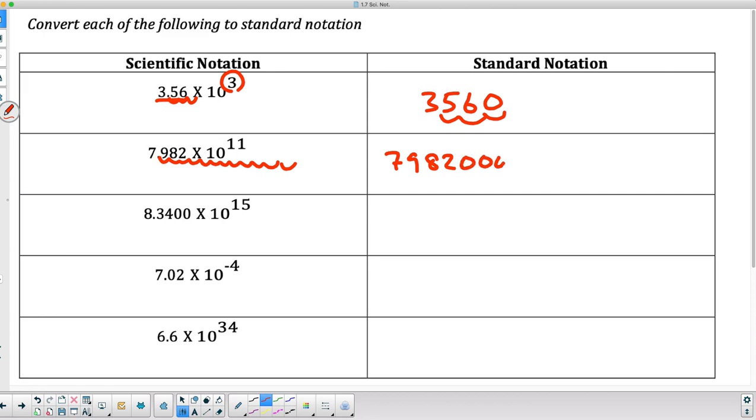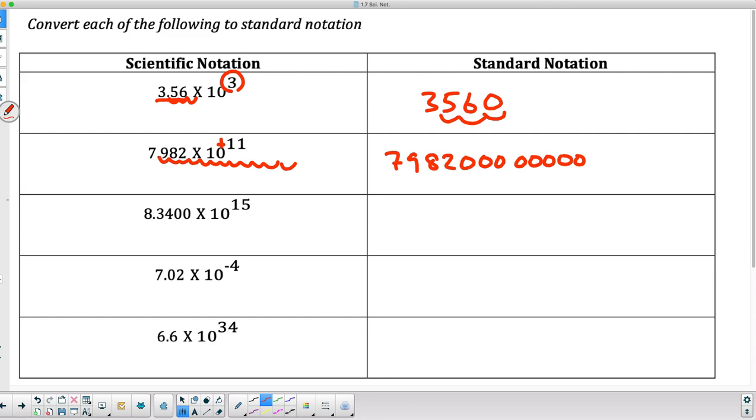So I got 1, 2, 3, 4, 5, 6, 7, 8. And I can check that by going 1, 2, 3, 4, 5, 6, 7, 8, 9, 10, 11, and 11 jumps is correct. Okay? And because my exponent is positive, that means I'm jumping to the right to make the number larger.